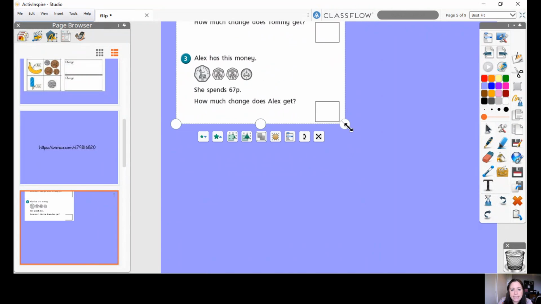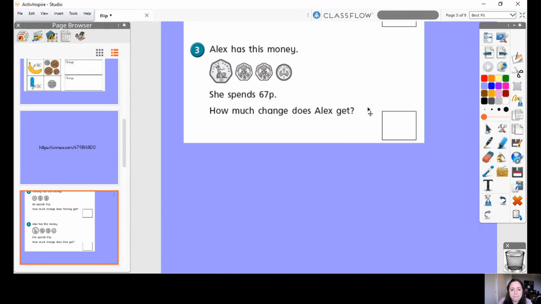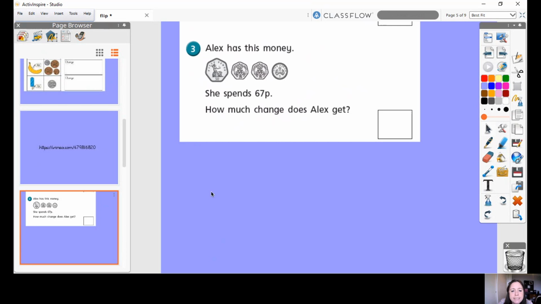Here we go. Alex has this money. She spends 67p. How much change does Alex get? So you can either try and take away 67p, but you'll have to exchange some of these coins for smaller coins so that you can do that. So that's one way you might want to do it.